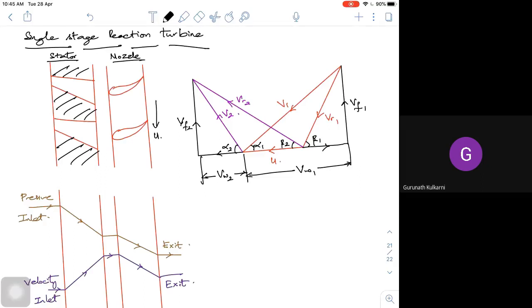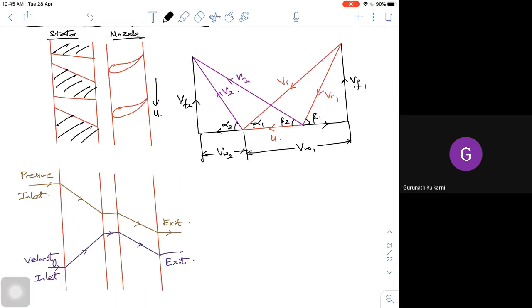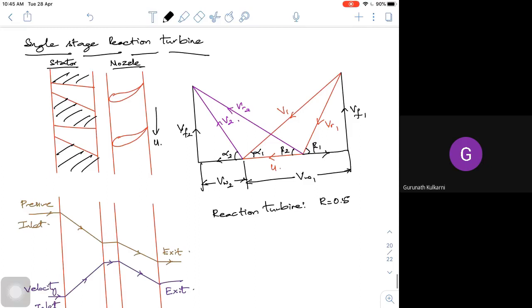Now, if you closely look at it, in most of the reaction turbines, if my R is equal to 0.5, the type of turbine we call it as partial steam turbine, which is mostly in most of the steam turbine power plants working on reaction type actually.